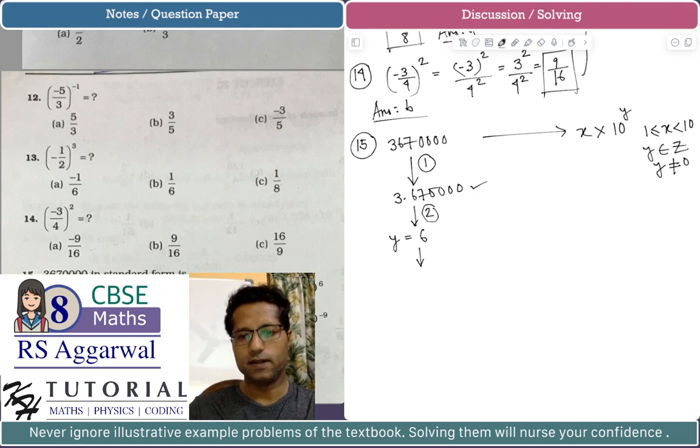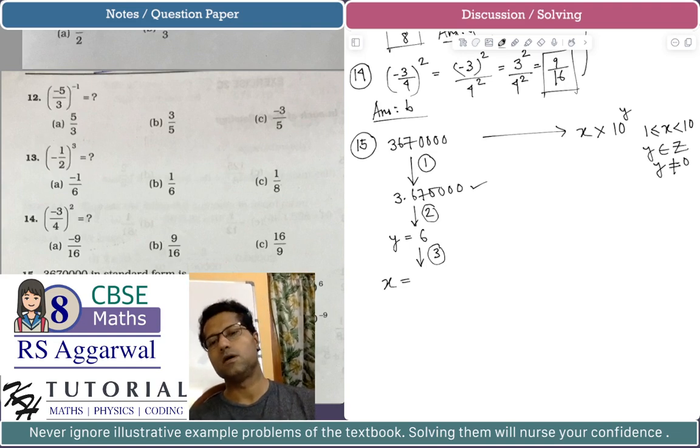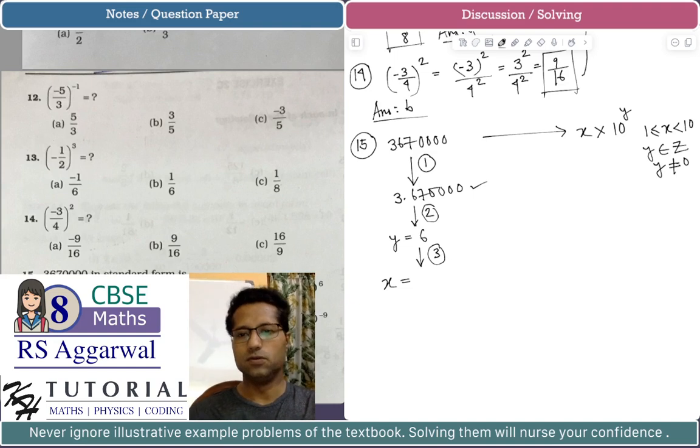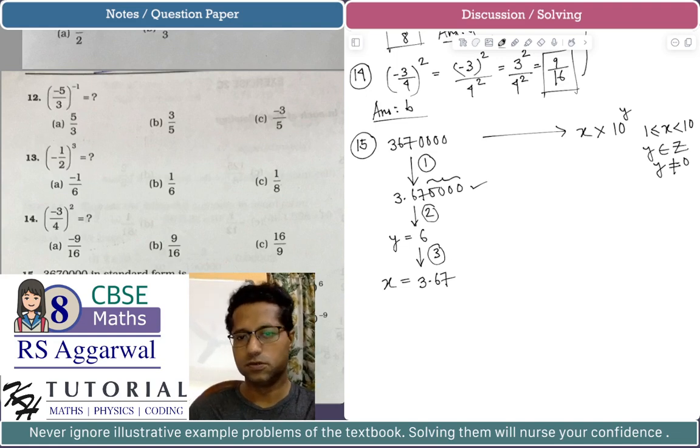Now in step 3 we have to find x. X will be the number you obtained in step 1, but ignoring all the trailing zeros, which will be 3.67. These are all the trailing zeros in the number 3.670000.